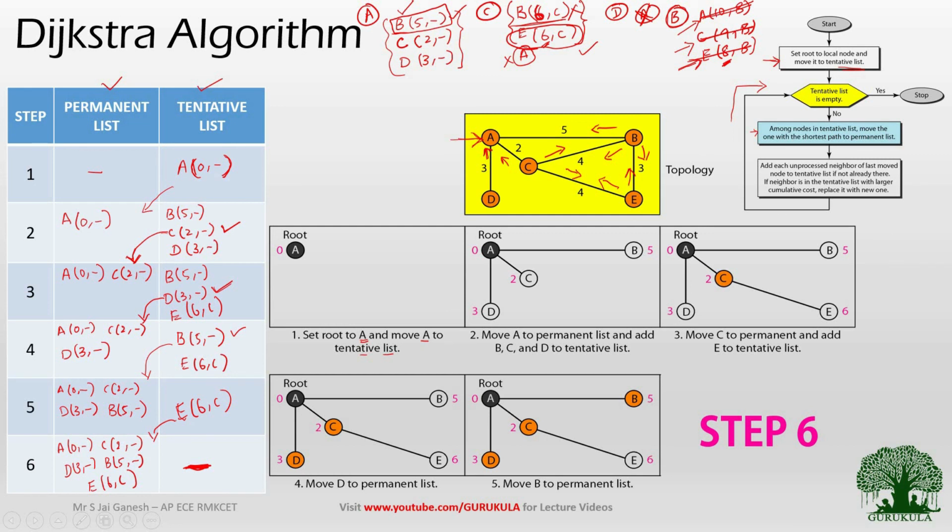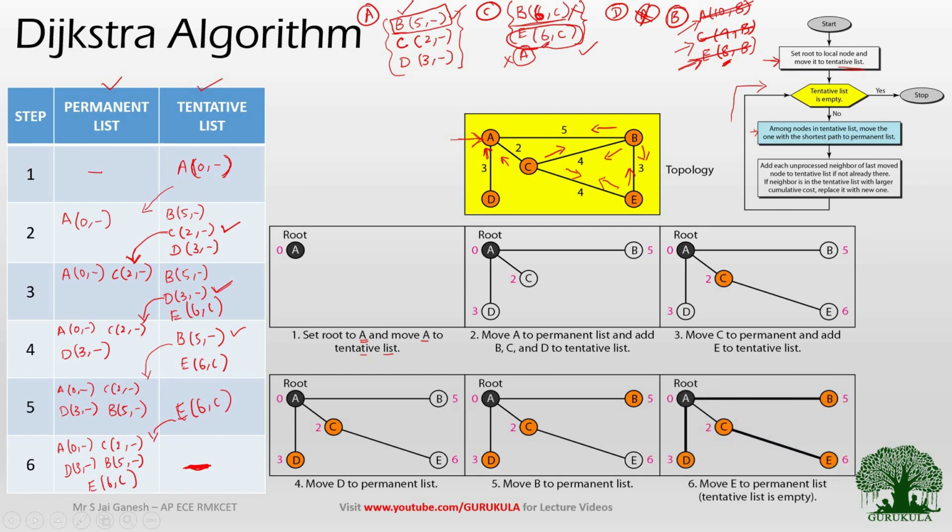Now at this particular point, we could see that the tentative list is becoming empty, so we can happily stop the algorithm since the tentative list is empty. And this is what we call the shortest path tree.